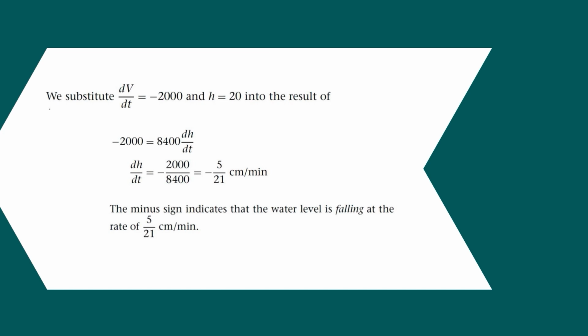And so dh over dt would be equal to negative 5 over 21 centimeter per minute. So again, the minus sign indicates that the water level is falling at the rate of 5 over 21 centimeter per minute.